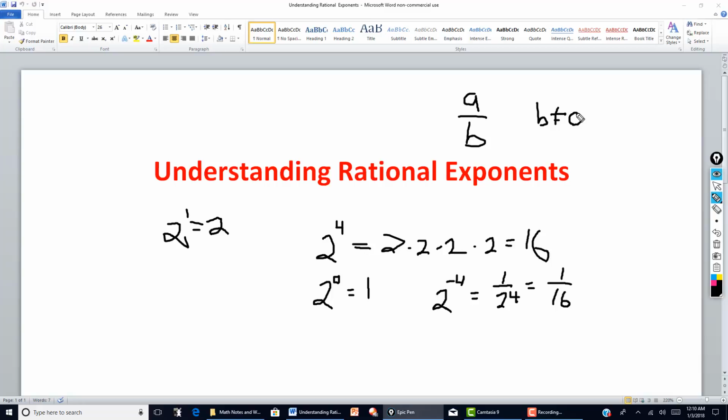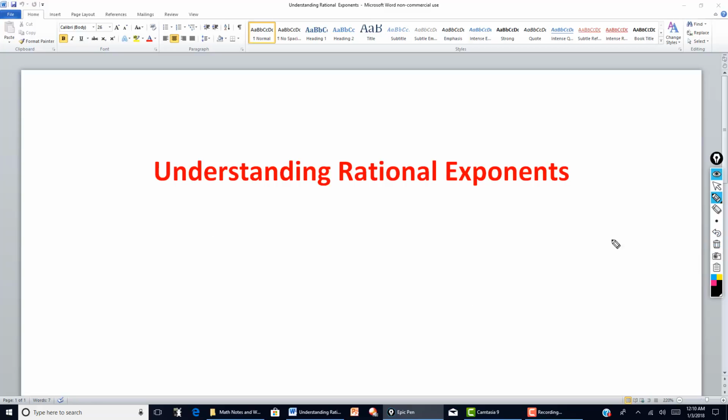So the exponent could be 1/2 or negative 1/2, 3/5 or negative 3/5, and so on. Those are examples of rational numbers.